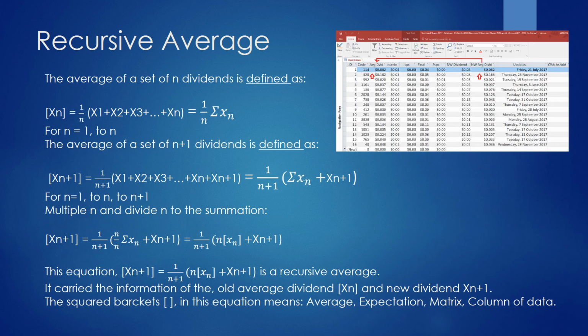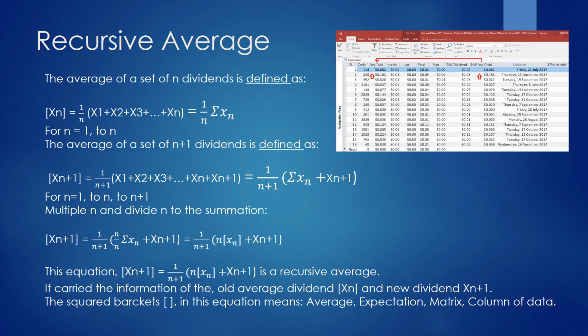The average of a set of n dividends is defined as average xn equal to 1 over n bracket x1 plus x2 plus x3 plus dot dot plus xn, equal to 1 over n sigma xn for n equal to 1 to n.